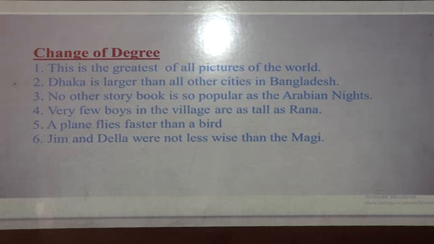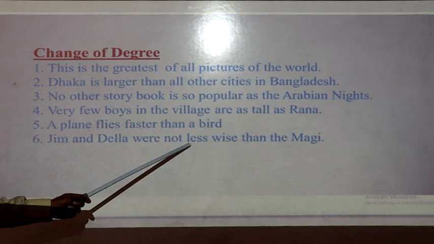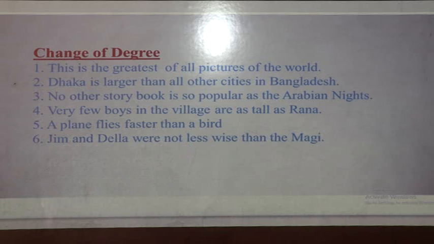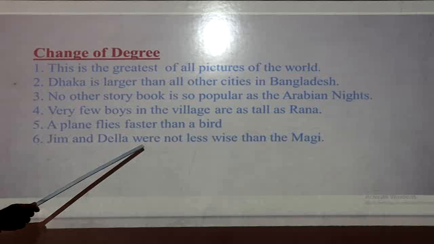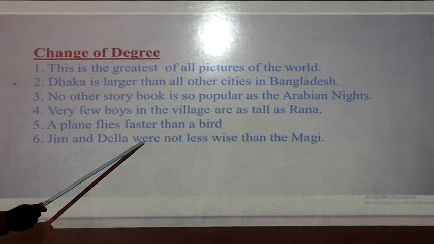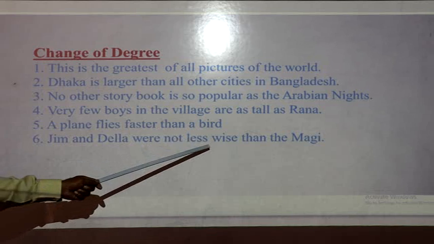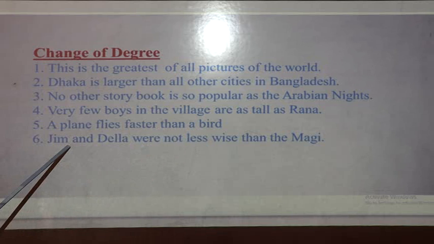Then number 6, Jim and Della were not less wise than the Magi. There is the use of less, so it is comparative degree. We will make it positive degree. The Magi were as wise as Jim and Della.